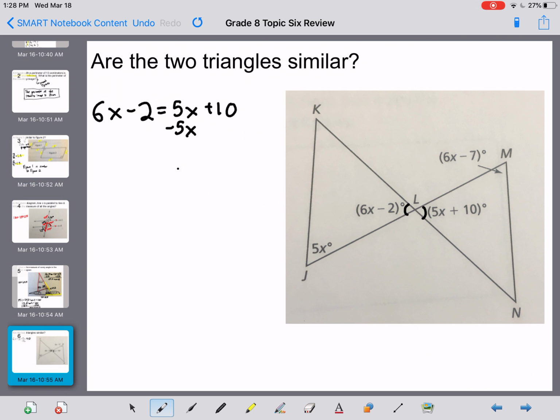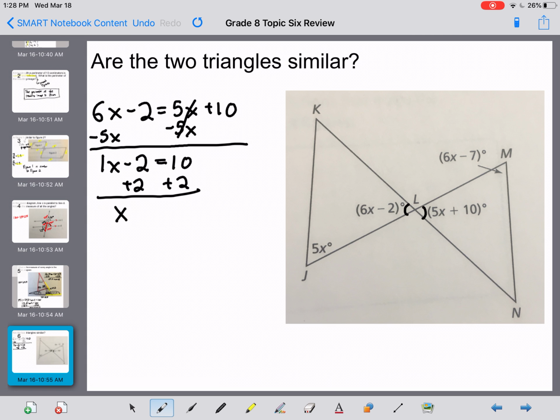I can subtract 5x from both sides. 6x minus 5x is equal to 1x. Minus 2 comes down. 5x minus 5x cancels out, and I'm left with 10. I can add 2 to both sides, and I get that x equals 12.